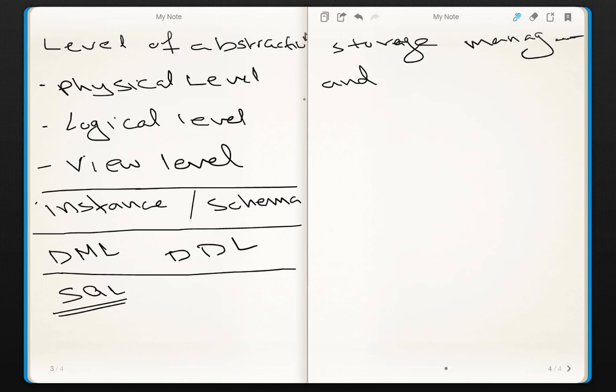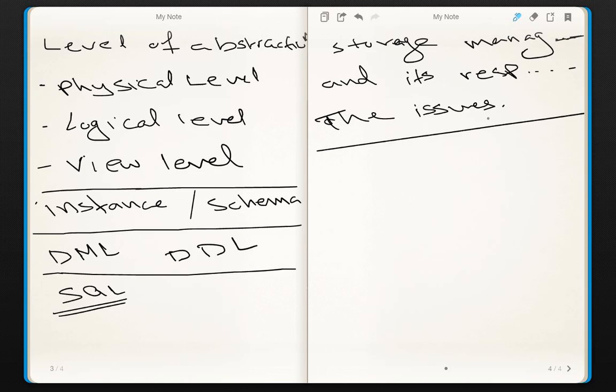Obviously, we're talking about database, so we will have storage to store the data. You need to know its responsibility and the issues of storage management. So these three things you will need to know about storage management.